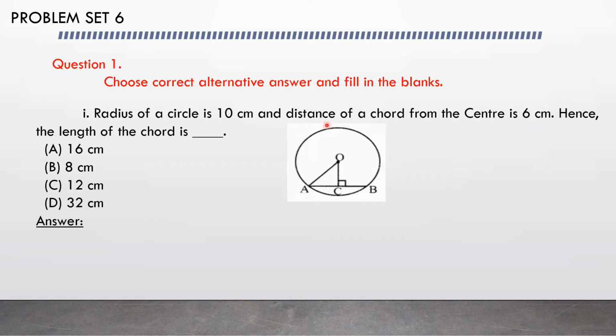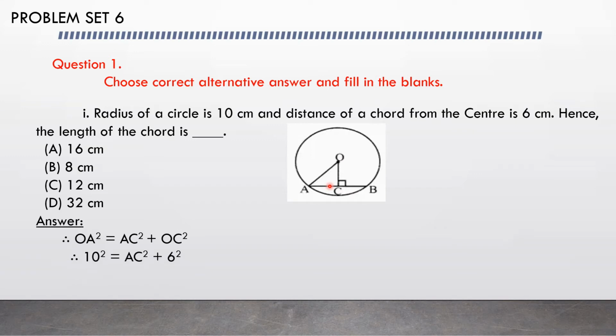First draw the circle, and here OA, the radius of the circle, is 10 cm and OC is equal to 6 cm. In this question we have to find the length of AB. Therefore first you have to find the length of AC, because OCA is a right angle triangle, and therefore by the Pythagoras theorem OA square is equal to AC square plus OC square.